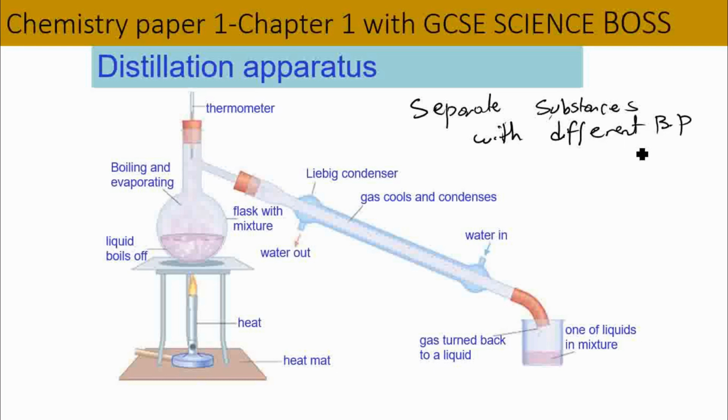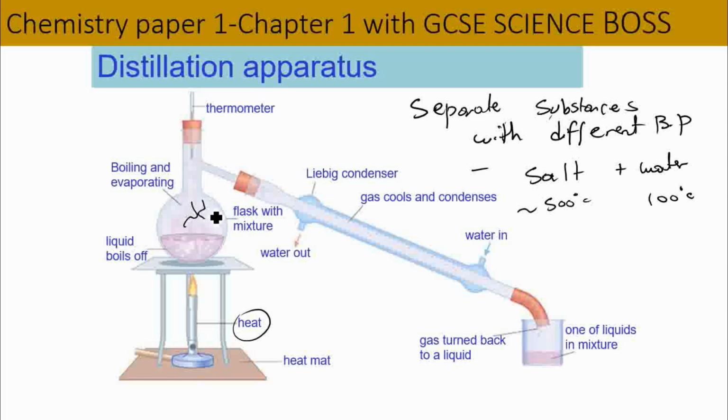Also, it can be used if you have one substance dissolved in the other, such as salt and water. They have different boiling points. Water is at 100 degrees Celsius. Salt is roughly about 500 degrees Celsius, very, very hard to boil, or even higher.